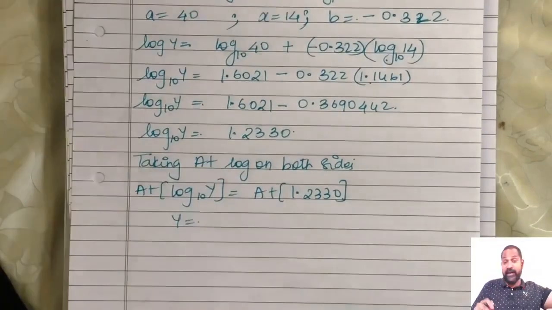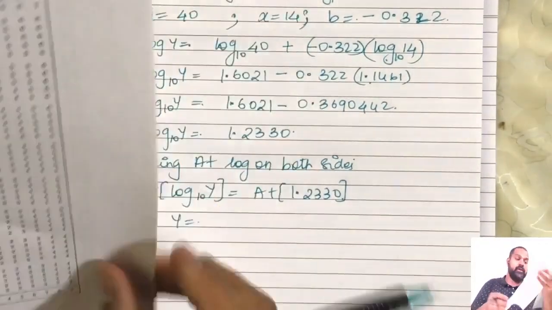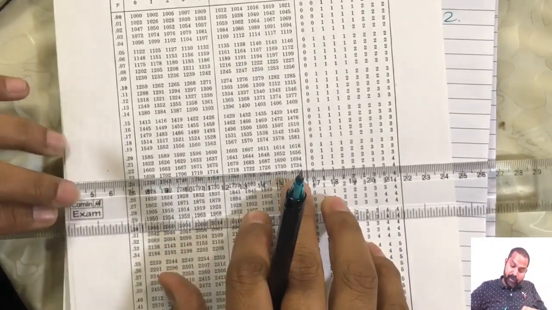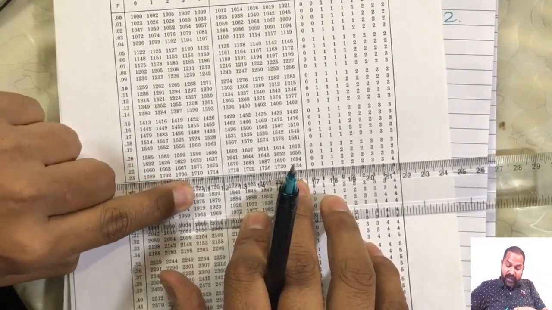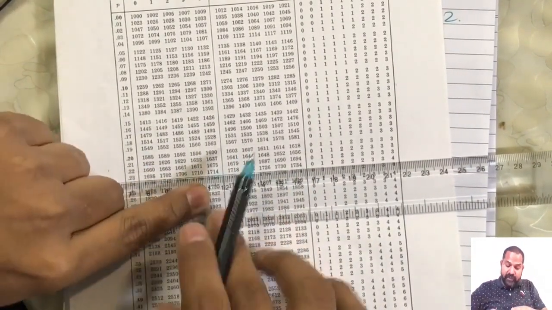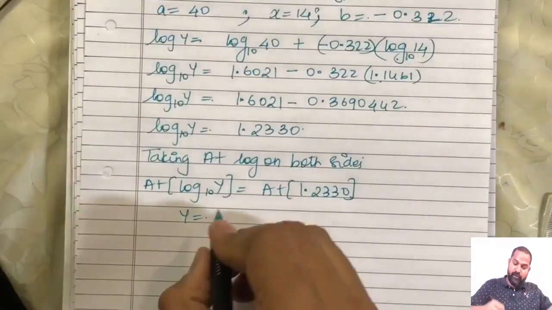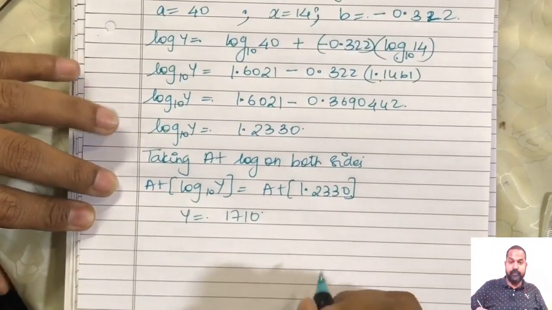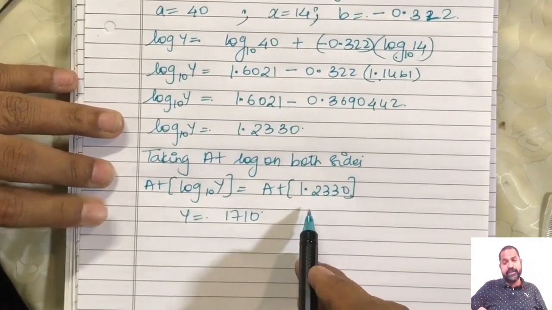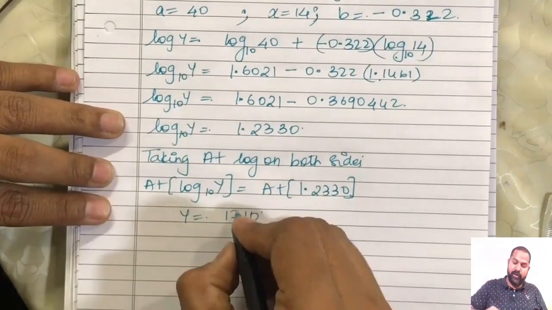I will look for the anti-log of that. In 0.2, I am going to look for 3. In 0.23 it is 1710. So the anti-log is 1710. Characteristic is 1, so the number of places before the decimal is 1 plus 1, which is 2.